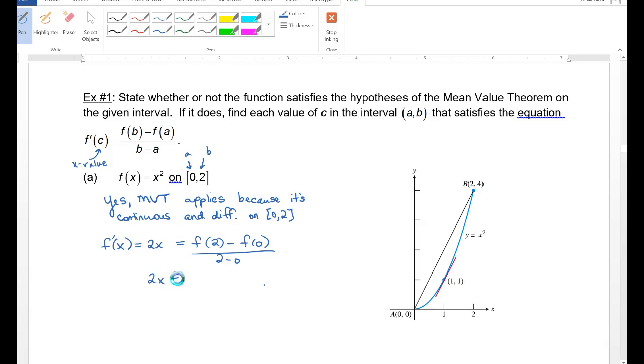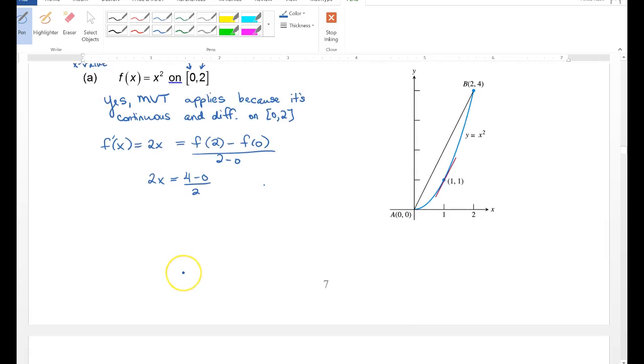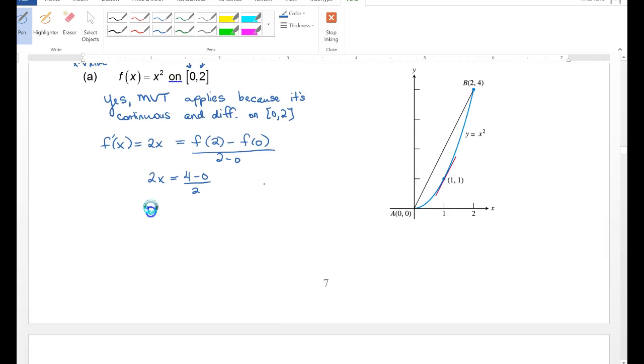So I have 2x equals, what's f of 2? 4, yeah, plug back into the original. So 4 minus 0 over 2. So we get 4x equals 4. x equals 1. No, it's 2x is equal to 2. But still x is equal to 1.